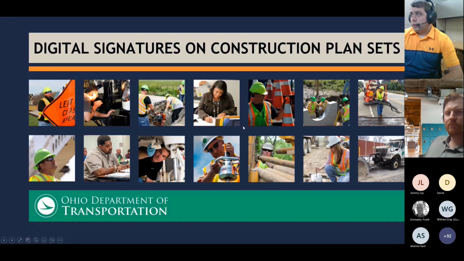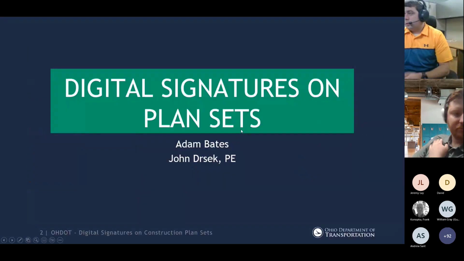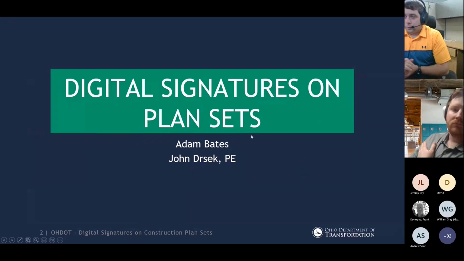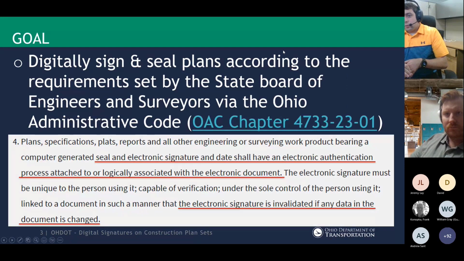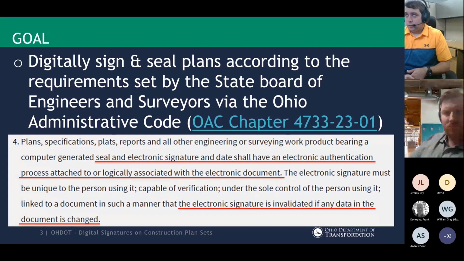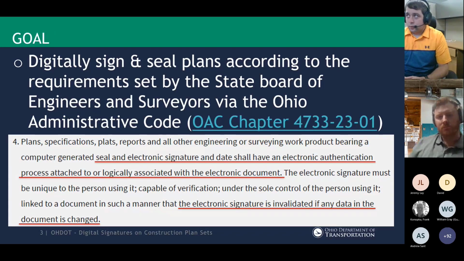All right, so we've got a lot to go through in only an hour. Adam Bates and I will be jumping back and forth on these slides. But first, I just want to start with the goal, and the goal is really just to make sure that our plan sets are in accordance with the requirements set by the State Board for Engineers and Surveyors.